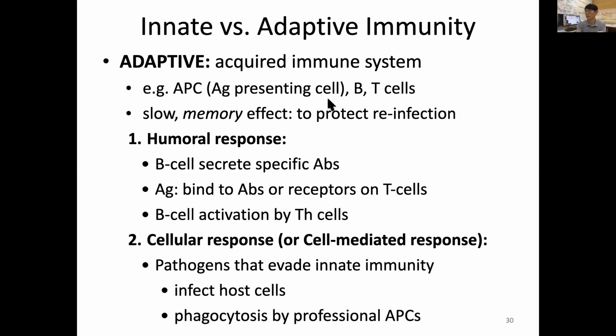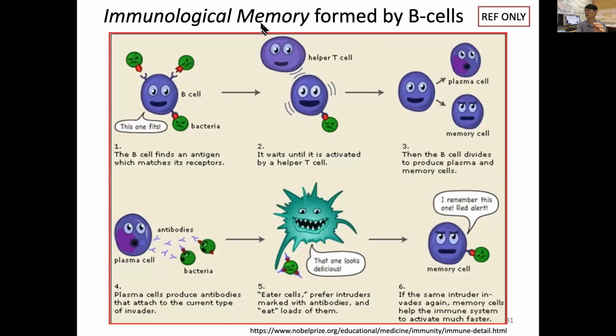So let me go a little further into immunological memory formation by B cells. The B cell finds the bacteria, which is an antigen that matches its receptor. As I said in clonal antibody diversity, which is also the same as B cell receptor diversity, because that receptor is the specific antibody.